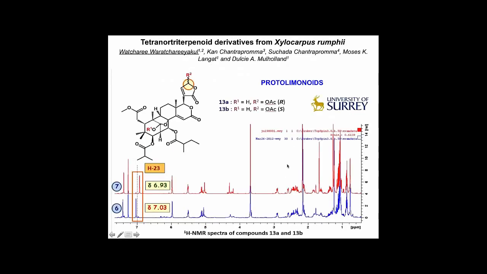But then she isolated this compound, which she acetylated in the mixture, obtaining the 2 acetylated isomers, where one can be R and the other can be S. The difference in the NMR was the chemical shift of proton 23, which is this one. Look, this center is far, so you cannot use NOE. So what we did is we generated the structures. We were very lucky because we got only one rotamer per structure.